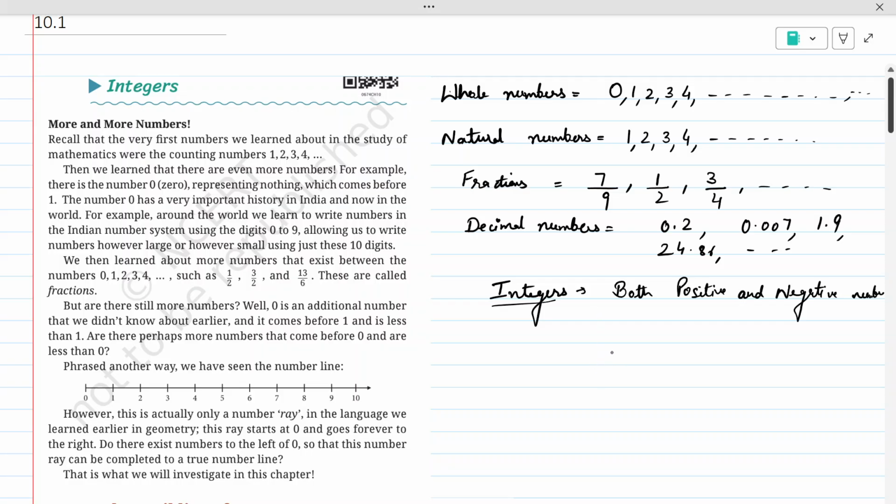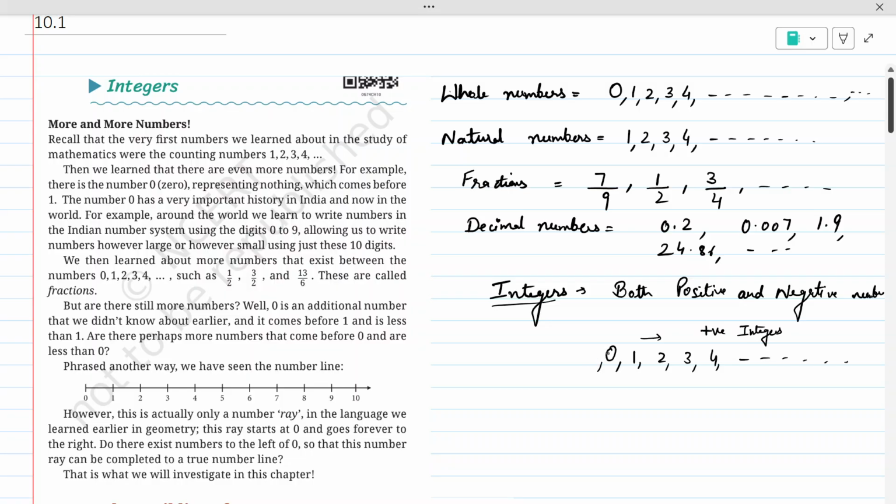Now what are positive and negative numbers? See, the numbers which are on the right side of 0 are positive numbers. 0, 1, 2, 3, 4 and so on. These all are positive numbers. We also call them positive integers. Okay. Now, the other numbers are negative numbers.